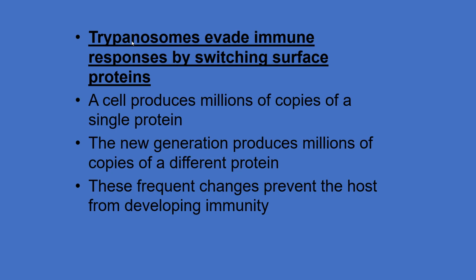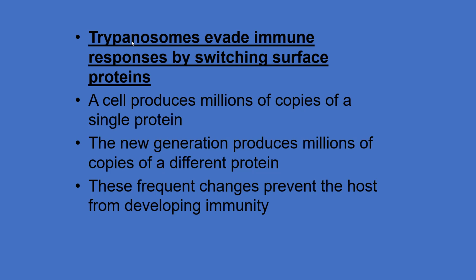Now, one thing that makes these trypanosomes such a difficult organism to catch and cure is that they have a huge part of their genome dedicated to changing the proteins on their cell surfaces. We all know that cells have proteins in their membranes that allow cells to communicate with each other and recognize one another.